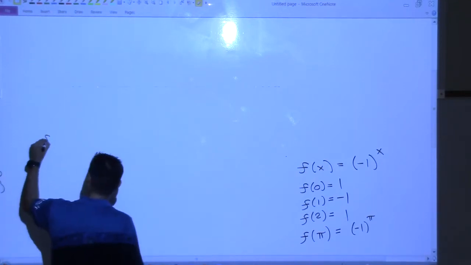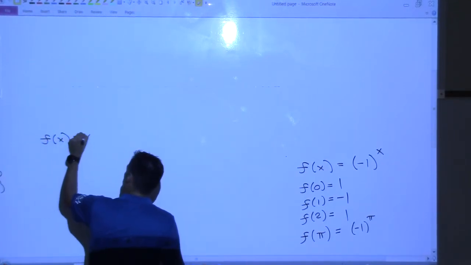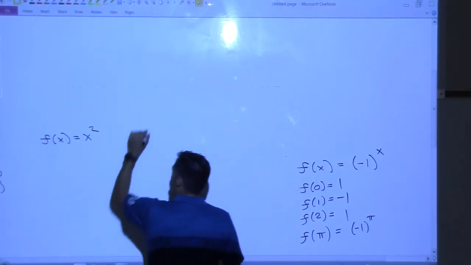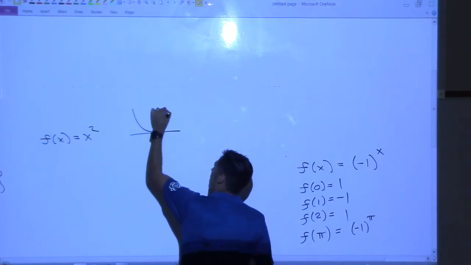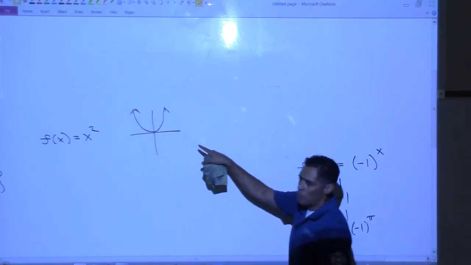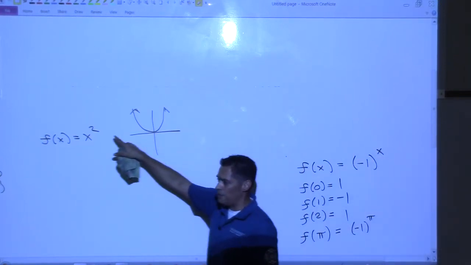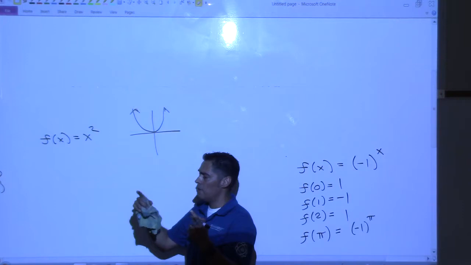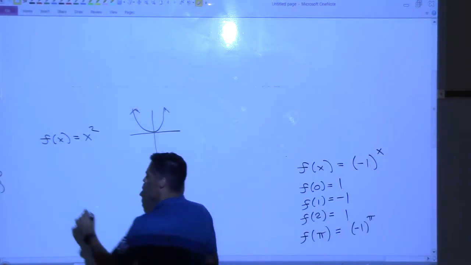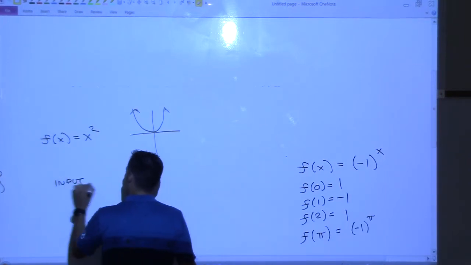Because if I were to give you a function like this, everyone here is comfortable with the idea that that's this, right? Now that is a visual representation of this function. The way I want you to rethink this is: you have an input and you have an output.